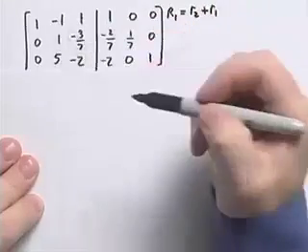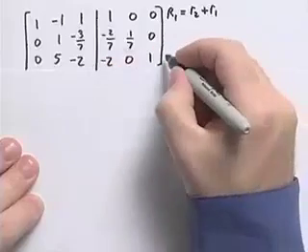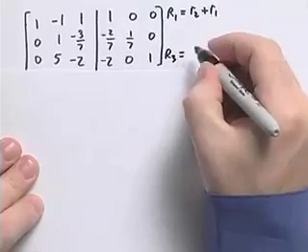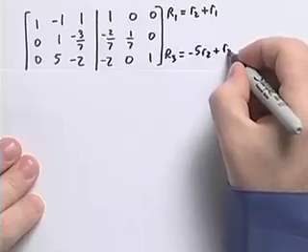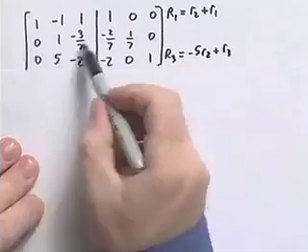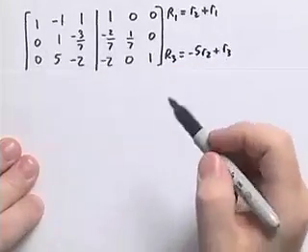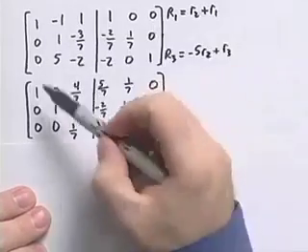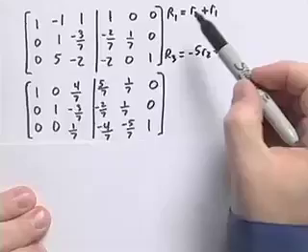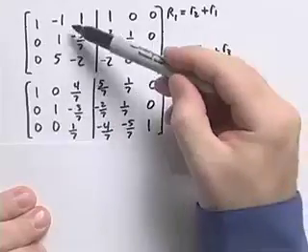Just add these together to get that 0. Our new row 3 will be -5 times row 2 plus row 3. We're not changing our second row, so we're going to be able to just rewrite that. We'll get this result. Notice our second row is the same. Our first row we get by adding the first and second.